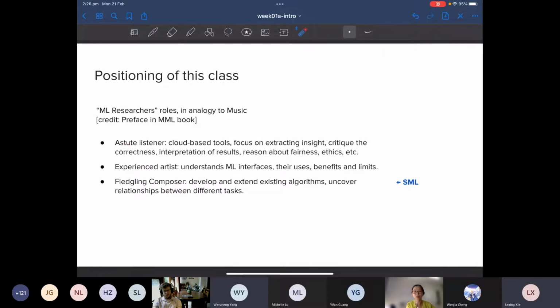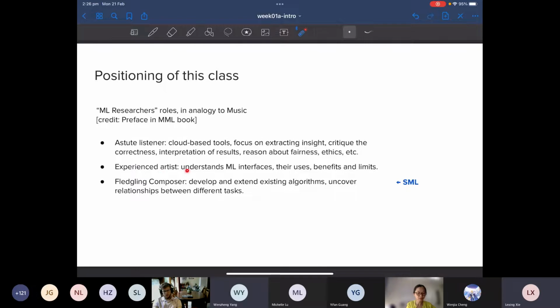You have your musical taste, you can play, you can focus. For machine learning, you can use cloud-based tools to plug and play, connect your data flow to machine learning, focus on extracting insights, critique the correctness and outcome, interpret the results, and so on.